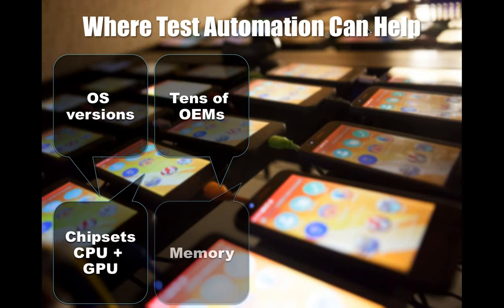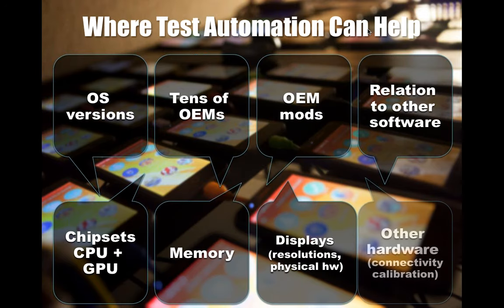So as mentioned and shown, test automation can help you with these problems, of course, with these devices. OS versions and different OEMs constantly bring you new devices. Globally, there are so many different OEMs, and they modify those devices quite heavily. Let's take Xiaomi, for example.